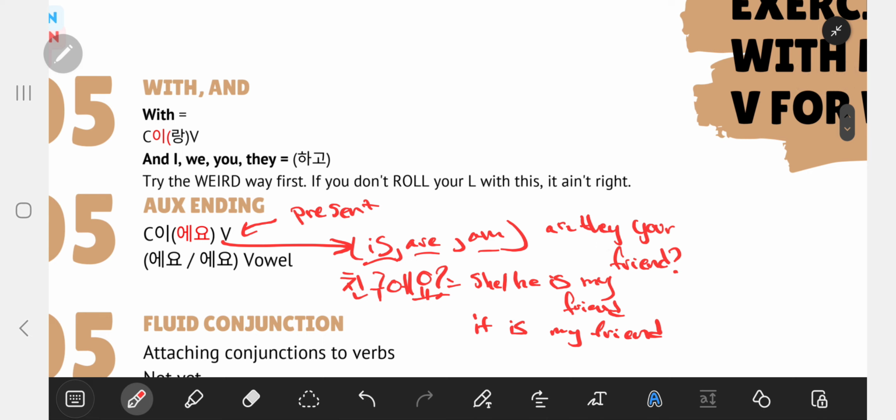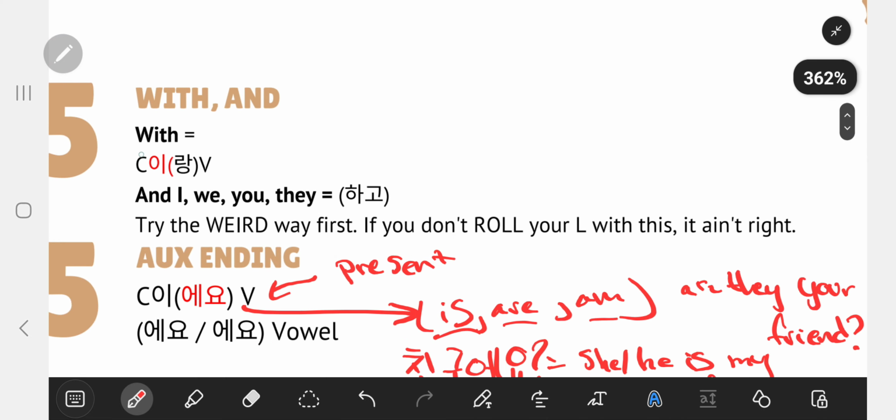So that will be aux, and "with" is 이랑. So if we're using the vowel, then we will use just 랑, not the whole thing. Now, if we're using the consonant, we will use 이랑. Now, perhaps I should have color-coded it better because this is a vowel and it's red.